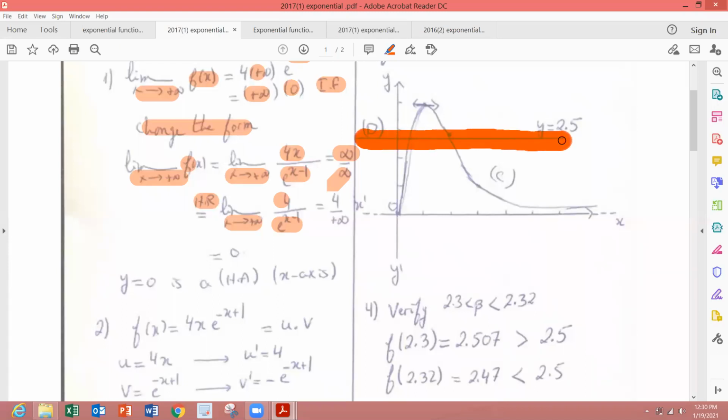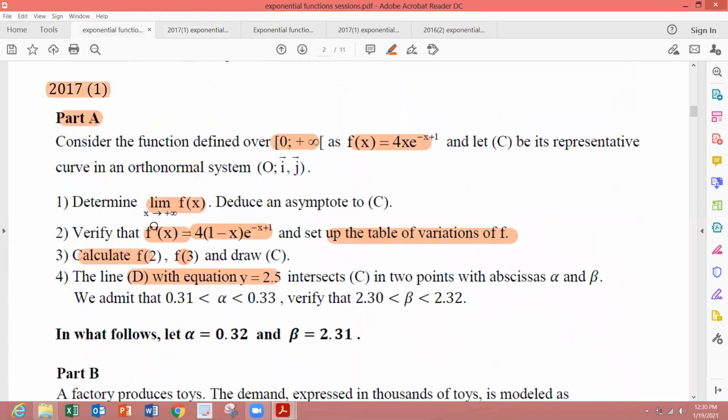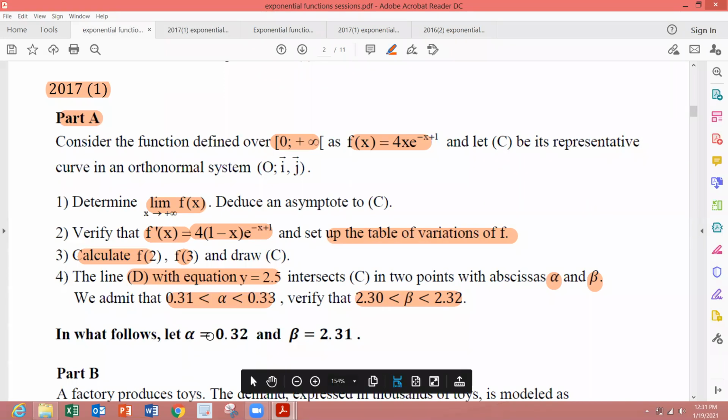It intersects C in 2 points with abscissa alpha and beta. We admit that alpha is between 0.31 and 0.33; we are not going to show it. How to prove beta is between 2.3 and 2.32? How to verify that beta is between these two numbers?